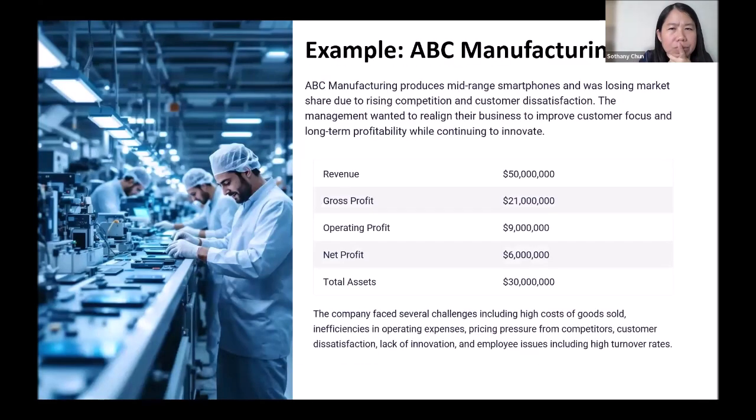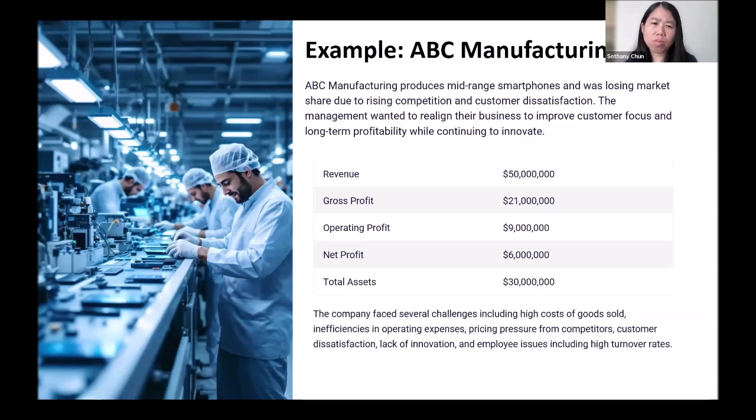And let's move to the example. I would like to explain the balanced scorecard with ABC Manufacturing. Here is the data information of the company, and I show only the necessary data, not the full statement.